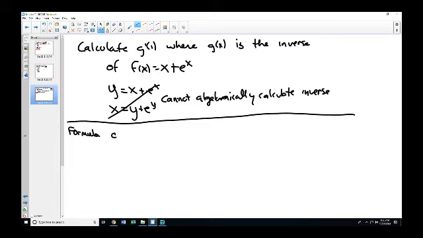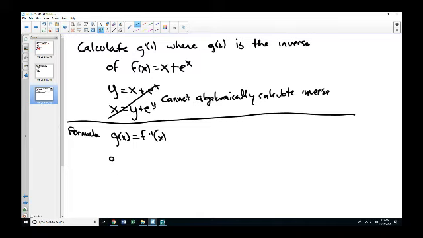Okay, g of x is f inverse. We've got to define that. It's not a dot next to the one, that's a negative one.